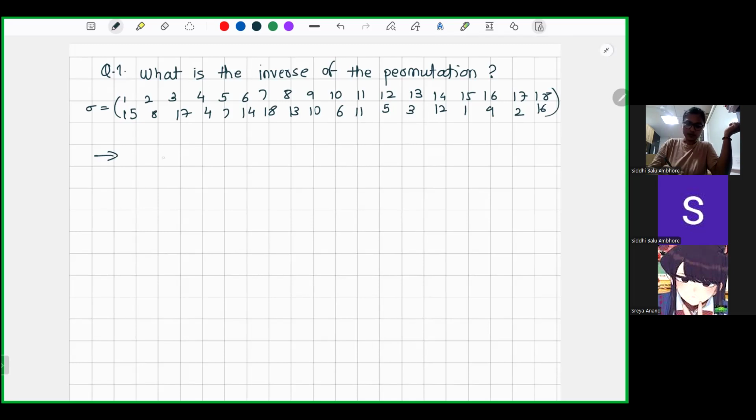I hope you know what inverse of a permutation means. So let us recall the definition first.